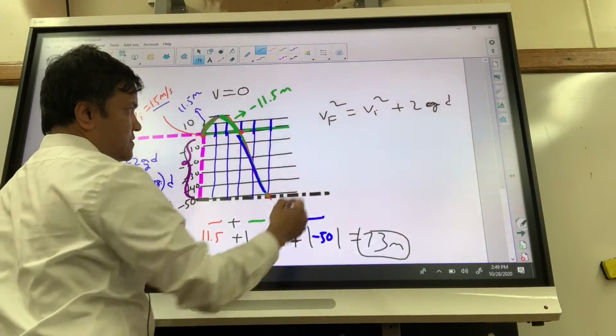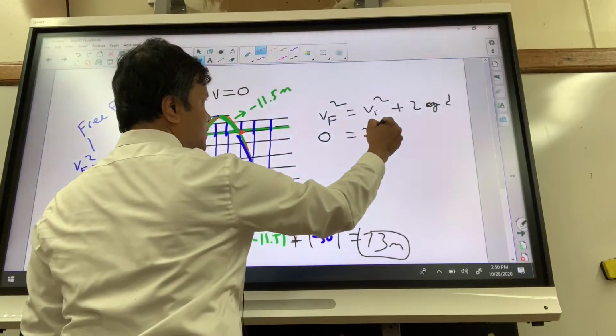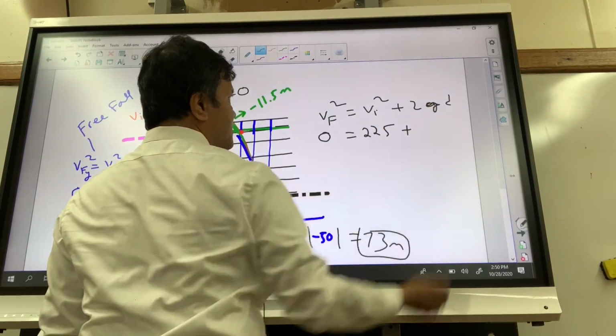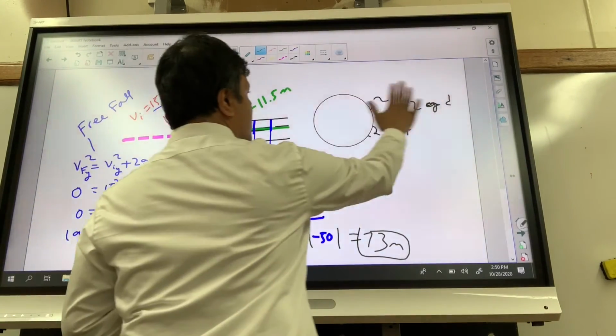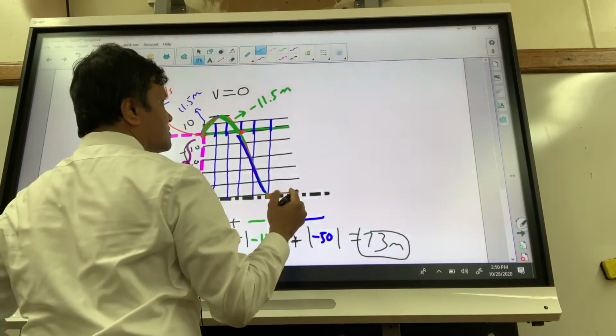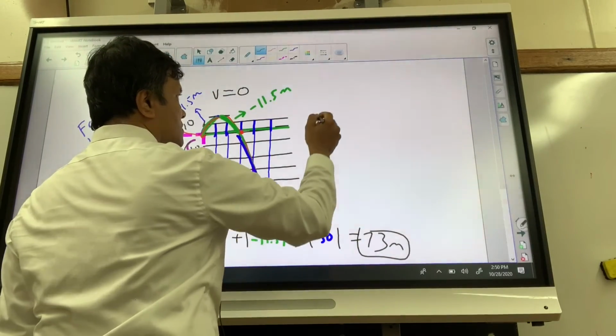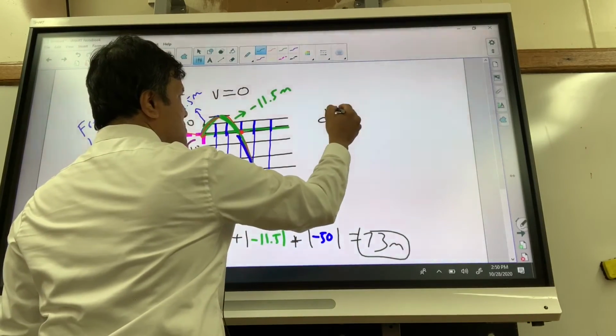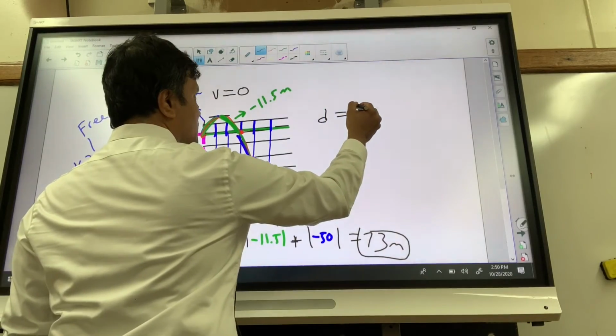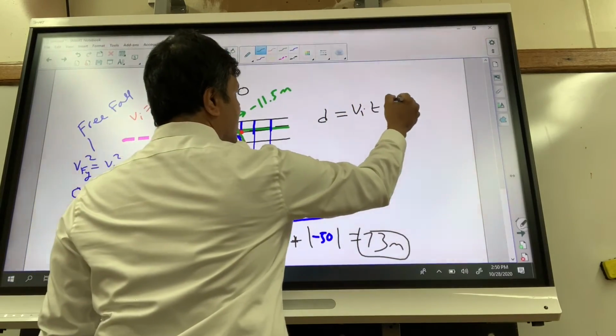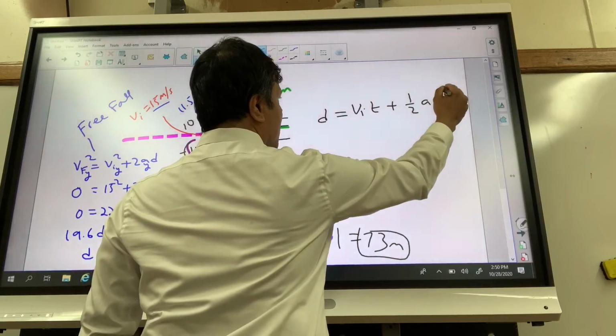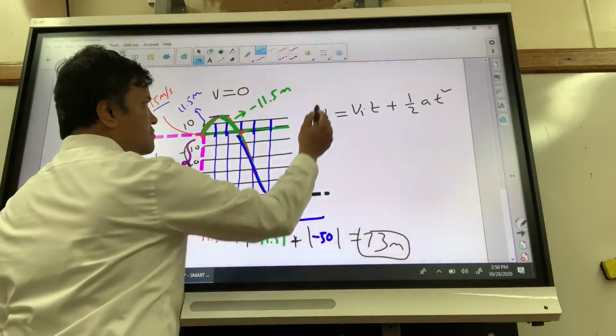Vf squared is 0, Vi squared is 225, no, we cannot use this. So we're going to use d equal to Vit plus half at squared for the displacement.